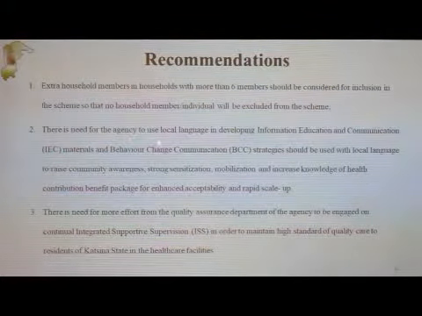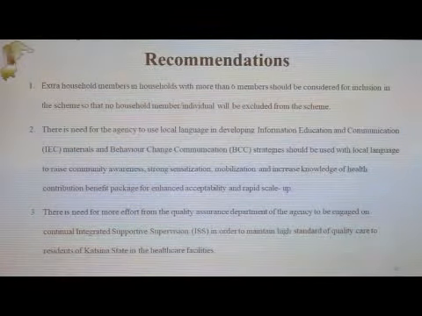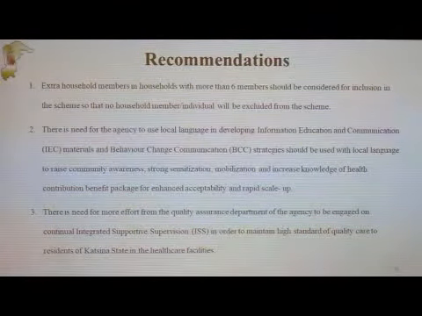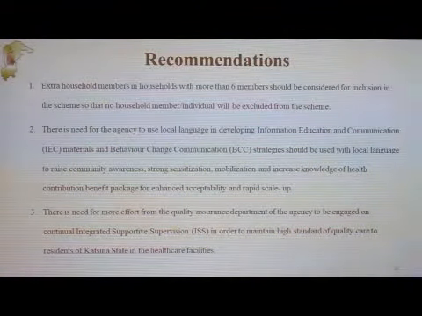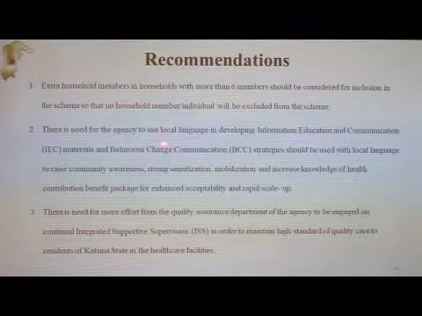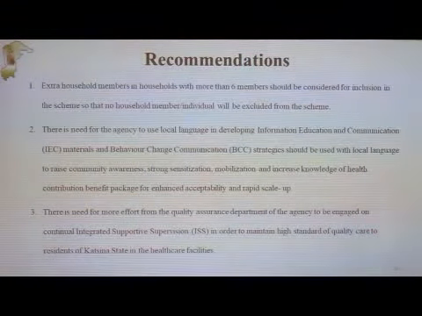There is a need for the agency to use local language in developing information, education, and communication material, and a behavioral change communication strategy should be used with local language to raise community awareness, strong sensitization, mobilization, and increase knowledge of the health contribution benefit package for enhanced acceptability and rapid scale-up.